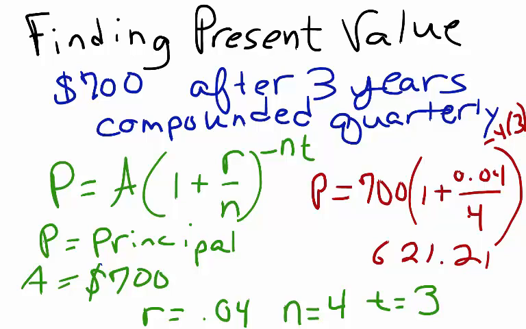So in other words, you might start by dividing 0.04 by 4, getting that result, then adding 1 to it. Next, you'd take that result and raise it to the negative 12th power, which you get from minus 4 times 3, and then take that value and multiply it by 700.